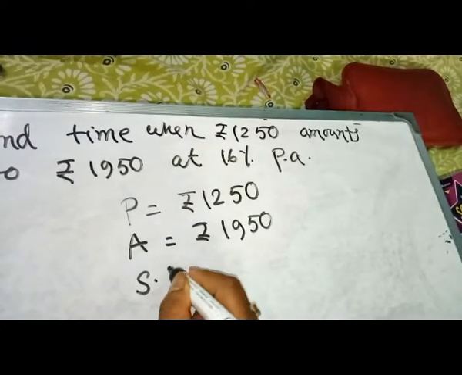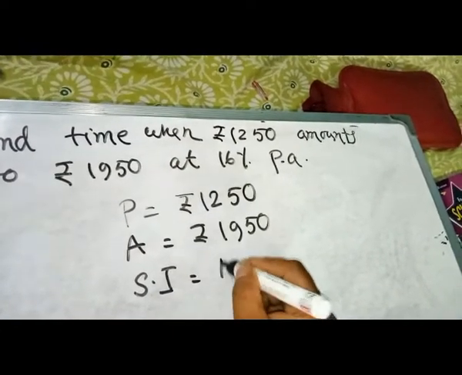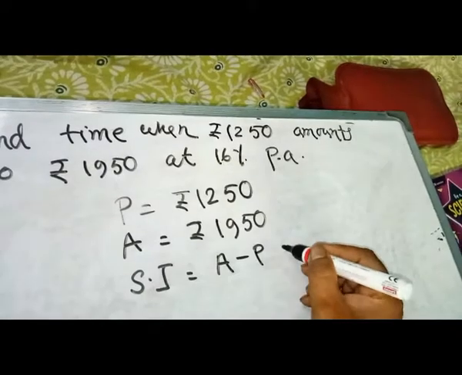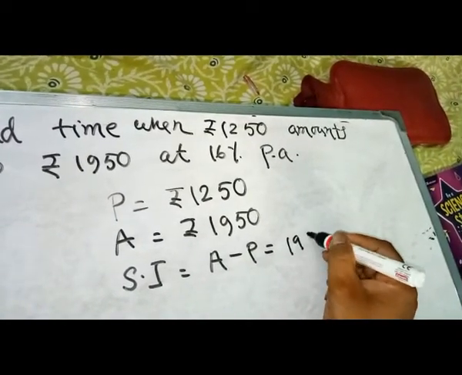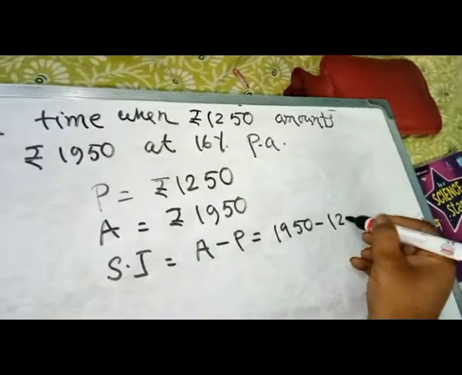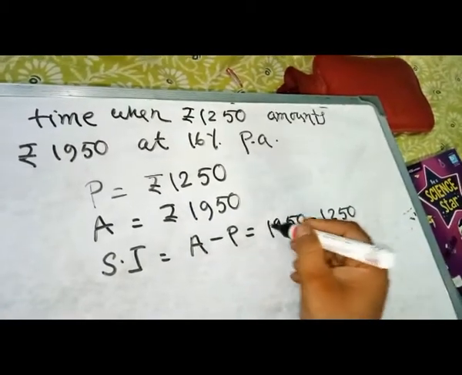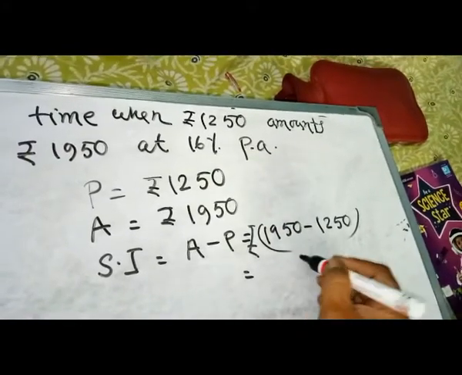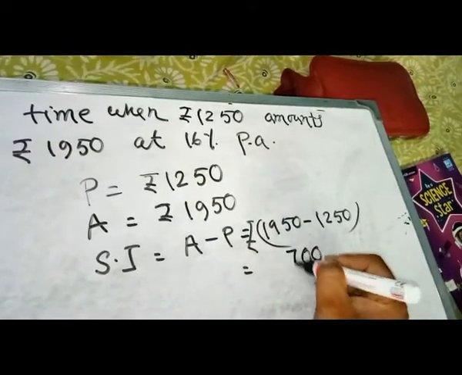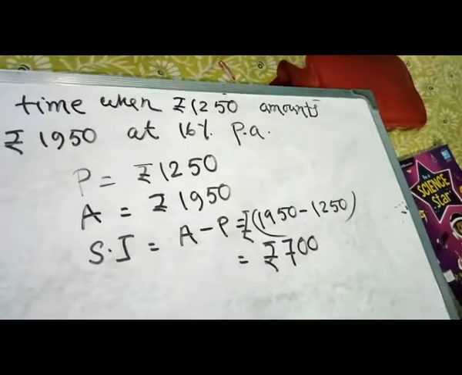For simple interest, SI equals A minus P, which is 1950 minus 1250. So how much is coming? 700. So rupees 700 is the interest.